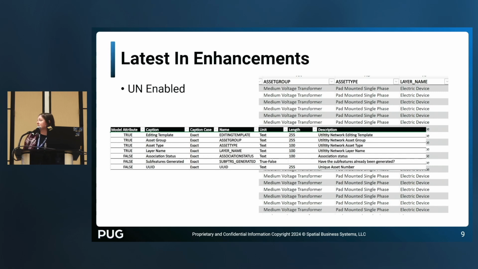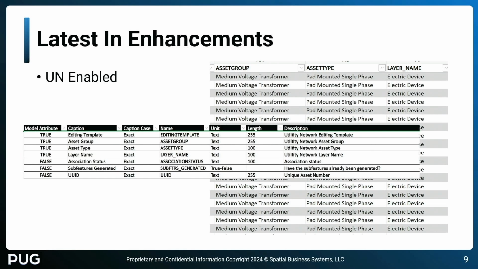One of the last things I wanted to point out was we recently added attribution to, we're calling it, UN enabled. This was because there's a certain set, which you kind of see up in the front, and then there are some model attributes that go along with this, where it's consistent when you're doing a UN implementation.